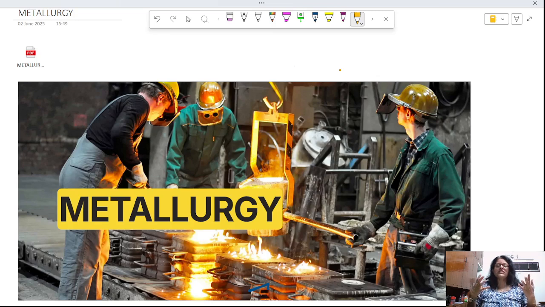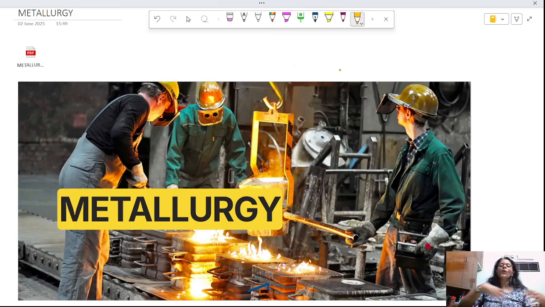It contains a lot of minerals, that is, metal salts are minerals. Minerals and all those things are present in our Earth's crust or somewhere below. So we need to find them, take them out, and then remove the impurities from the metal, and finally we will use it.